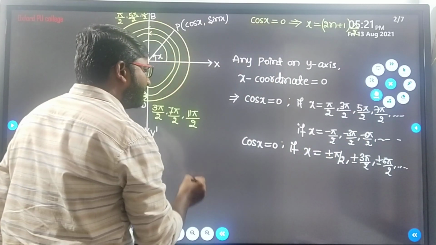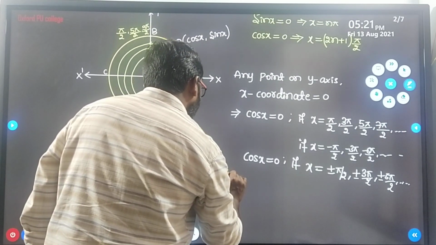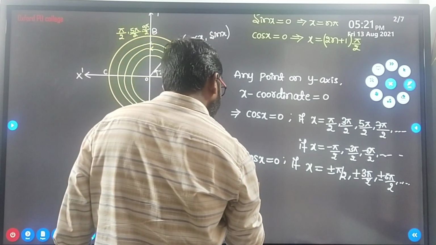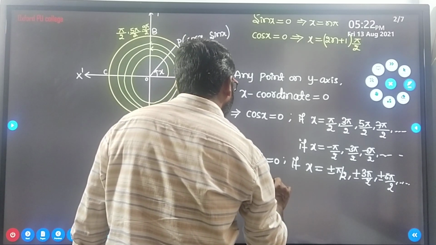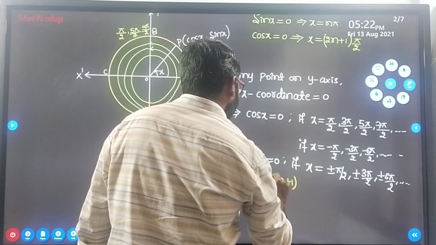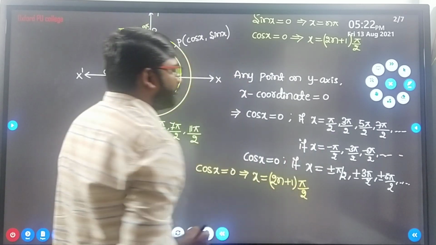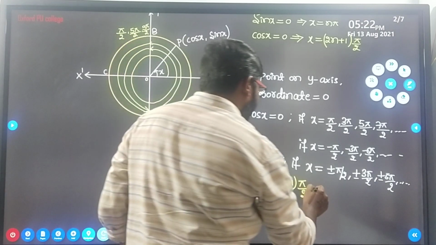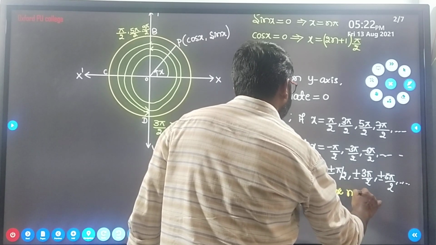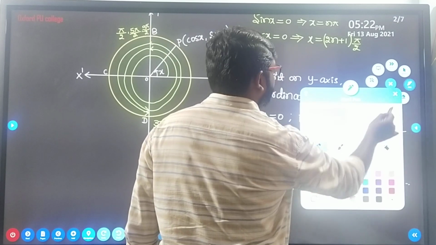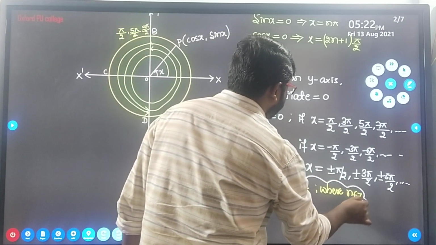Instead of writing this particular case, I can generalize it. cos x equal to 0 implies x is equal to 2n plus 1 into pi by 2, where n belongs to Z. So here all these angles are odd multiples of pi by 2.